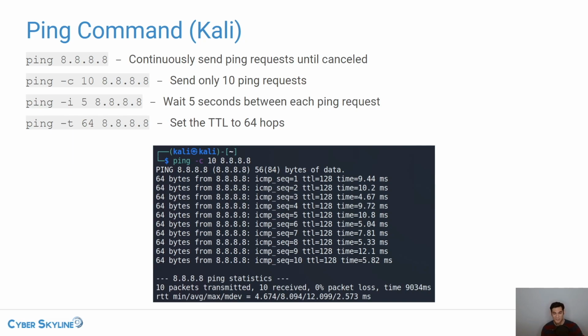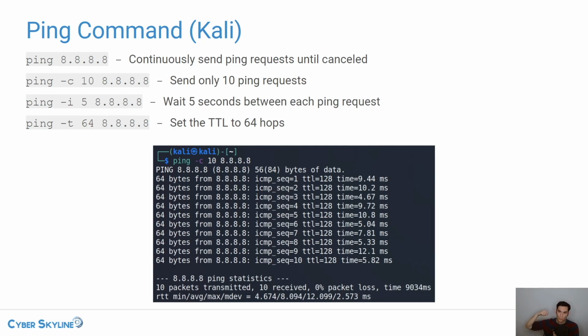So TTL is very important, and it helps you identify how close you are to a device, in terms of how many actual devices are between you and your final destination. And then the final thing that we're seeing here is time. This is what we call the RTT, the round trip time. Basically, this is the amount of time that it takes for your message to get from you to your destination and back, round trip.